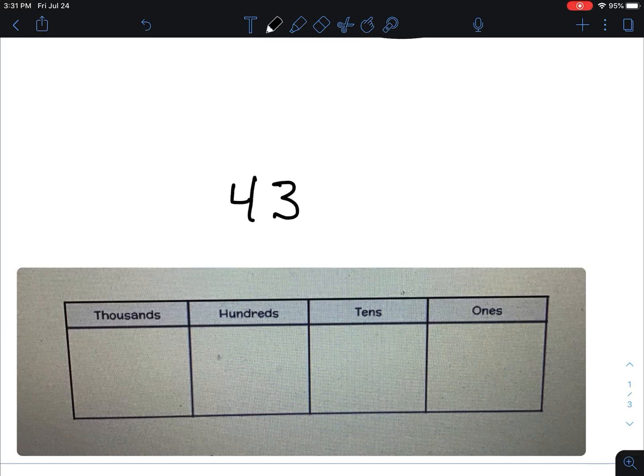Let's do 43 times 2. I know a lot of you can do this in your head, but I want you to practice using the place value chart and disks, because we're going to get some really big numbers soon. And trust me, it's really going to make it easier. So try that on a place value chart.